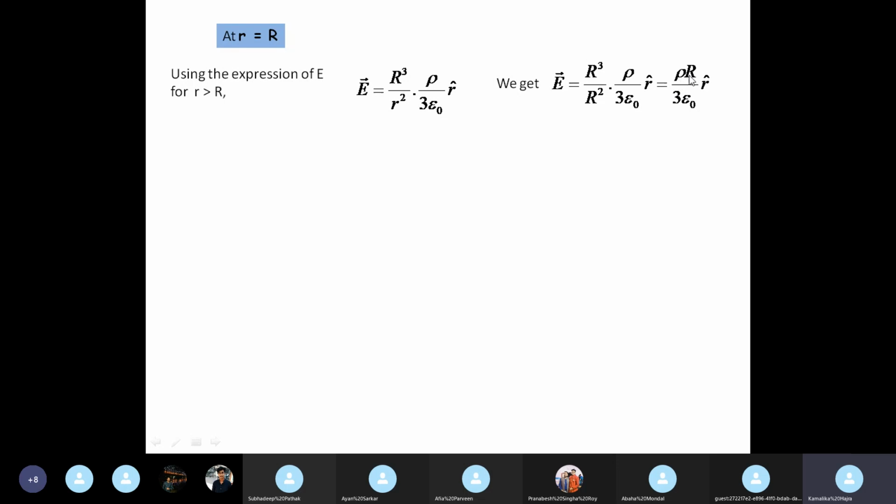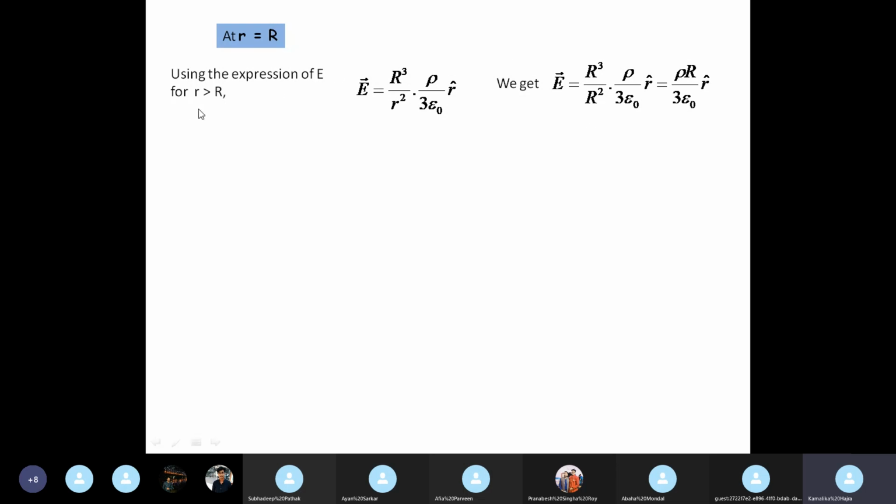E equal to rho R by 3 epsilon naught r cap. We just substitute small r by capital R because when we are at the surface of the sphere, capital R equals small r.